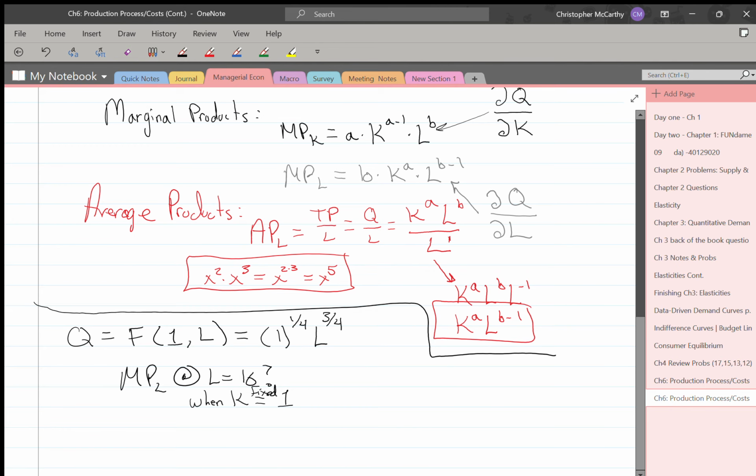So in order to calculate this, we would use our marginal product of labor formula. And so we would take that B, let's probably do it down here actually.